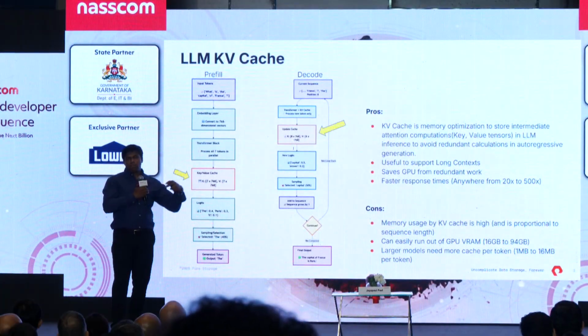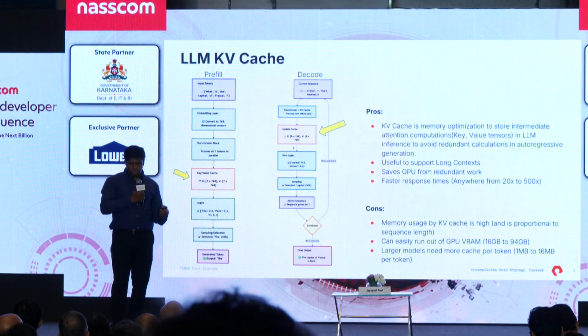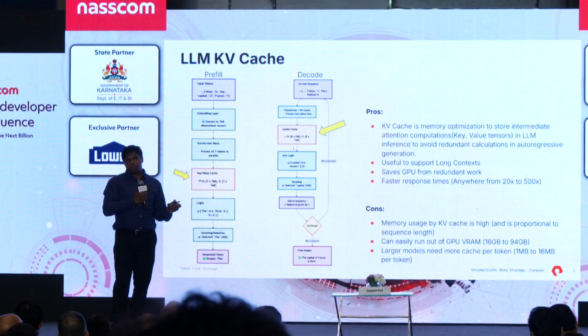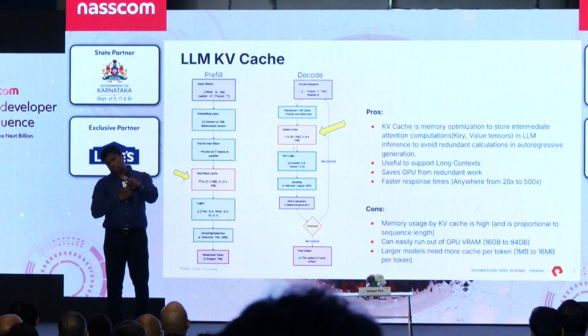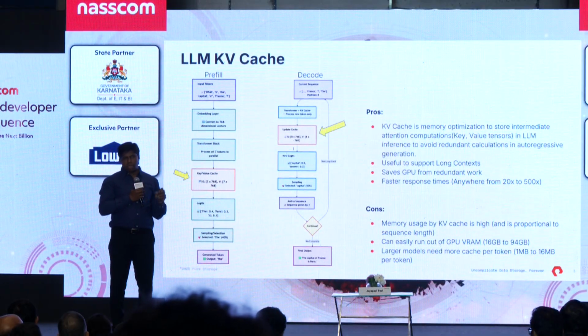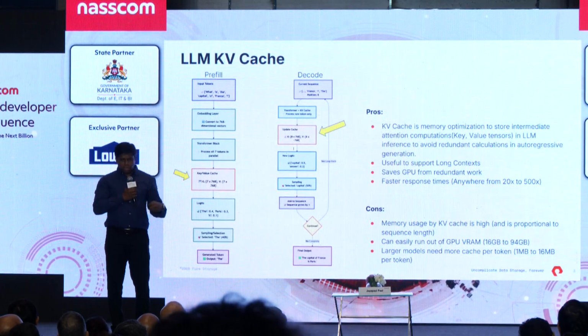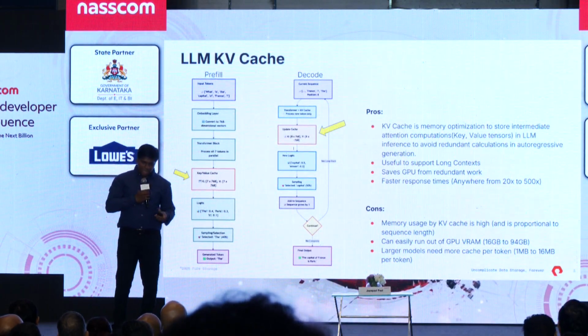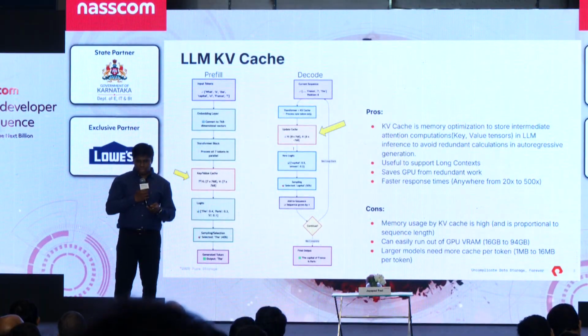When you have, let's say, a 32K context, with a lot of tokens that you need to parse and come up with an inference, you need a lot of memory. So it's not possible to do everything in GPU memory. You have to offload it onto the system CPU memory, and then from system CPU memory, you can push it down to storage. So what does KV cache do? It helps you with inferencing, supporting longer context.